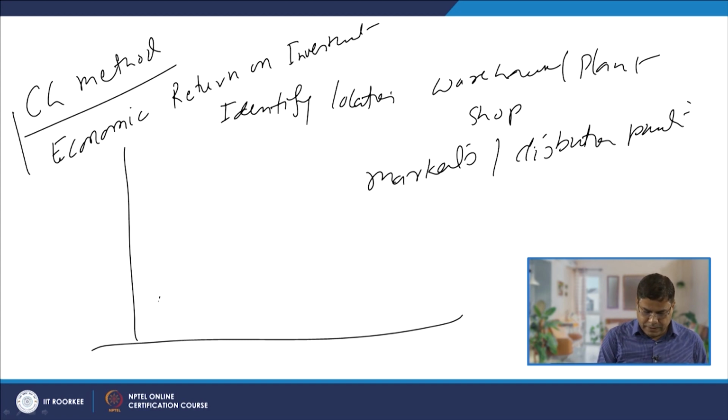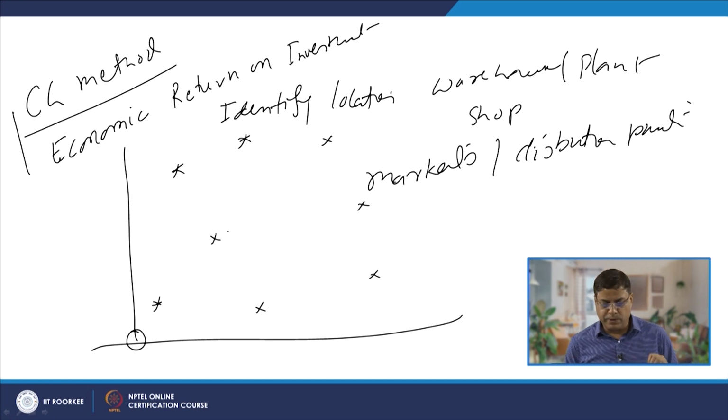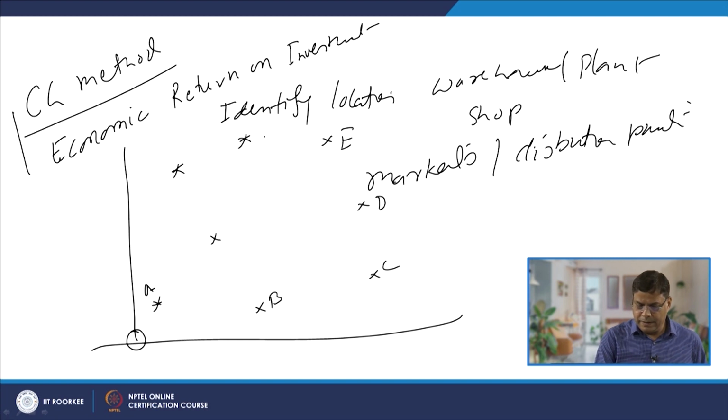With respect to some reference point, the location of the different sites is identified on x and y coordinates, like say A, B, C, D, E, F, G, H. So, each will be having its own x and y coordinates.